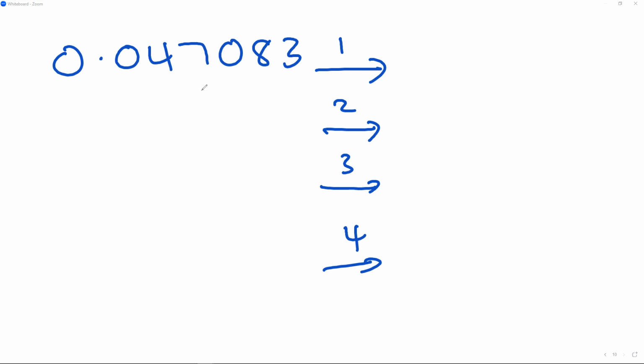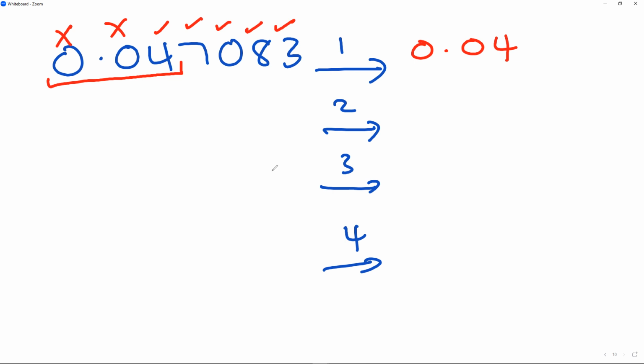So one significant figure means that we have to include those three numbers there, because the leading zeros are not significant. So that's going to be 0.04. These values are significant already. Rounding to 2 is going to go all the way till there.